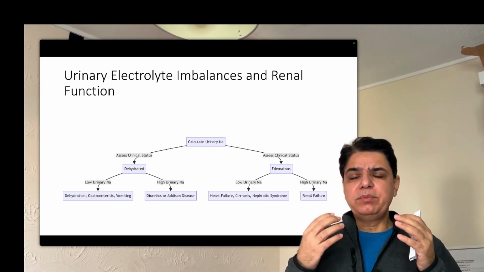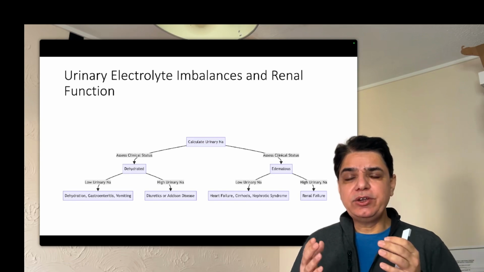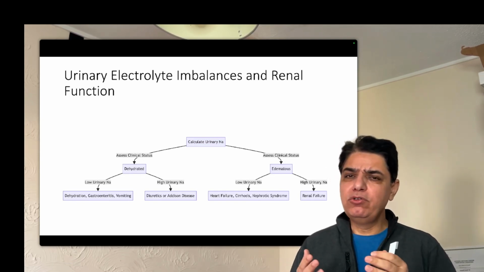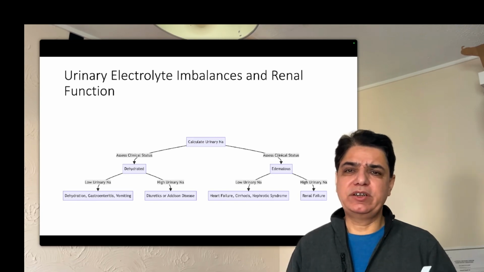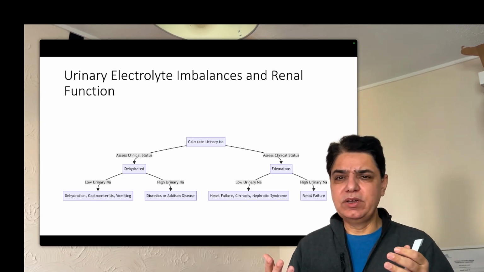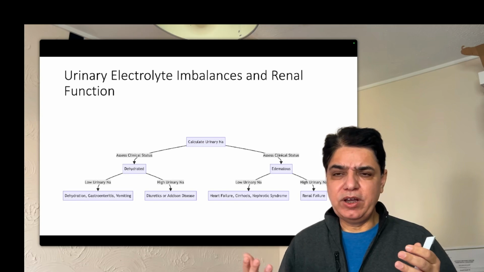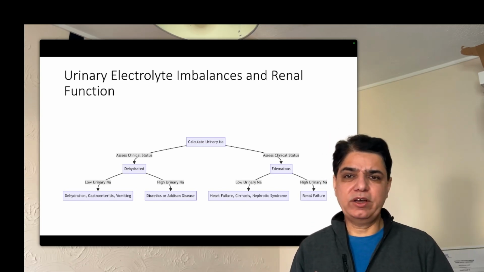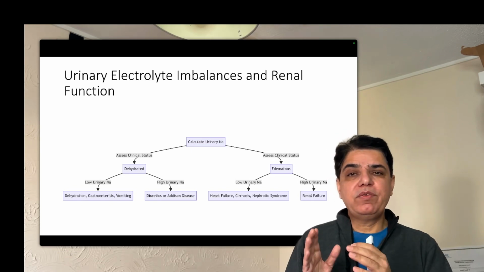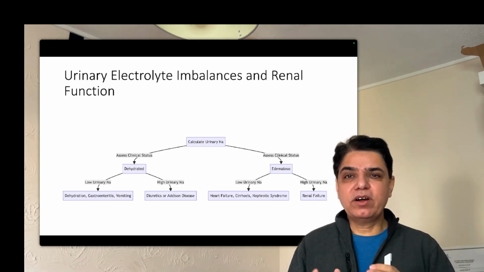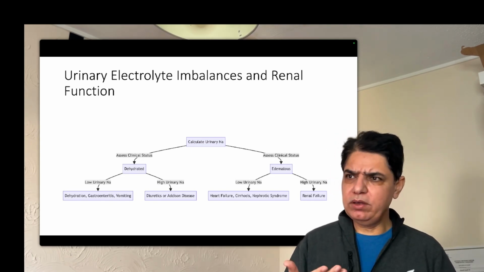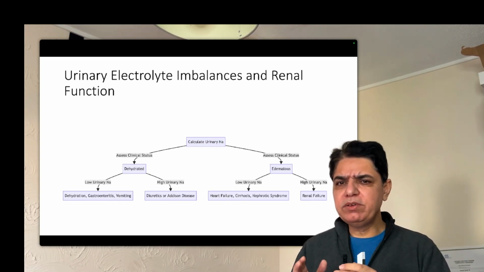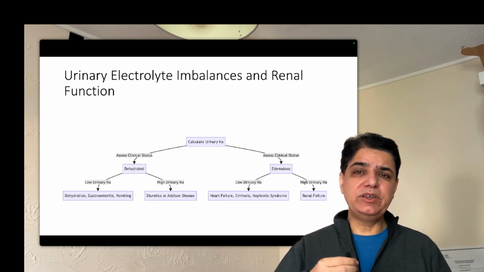So if somebody is dehydrated and their urinary sodium level is low, less than 20 milliequivalent, you are basically dealing with a fluid loss status. For example, it could be dehydration because of severe vomiting, viral gastritis, or viral gastroenteritis. But if a dehydrated person has high urinary sodium, you are probably dealing with certain conditions, like the person has been using diuretics.